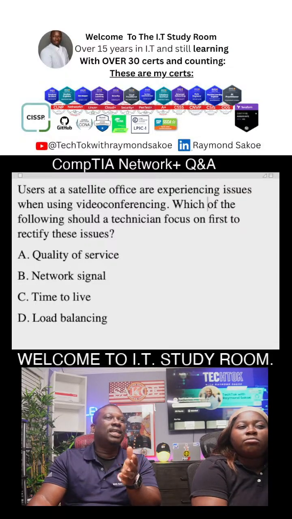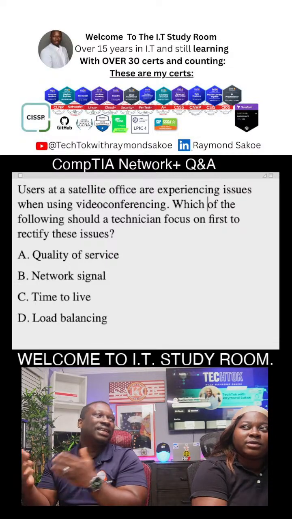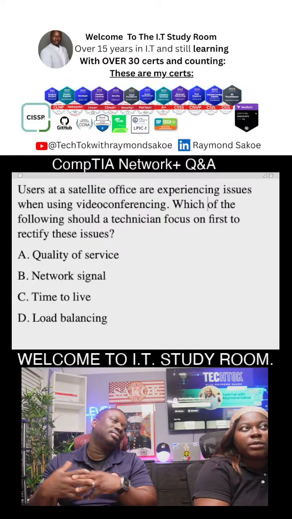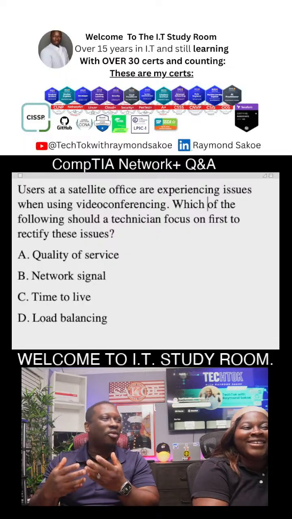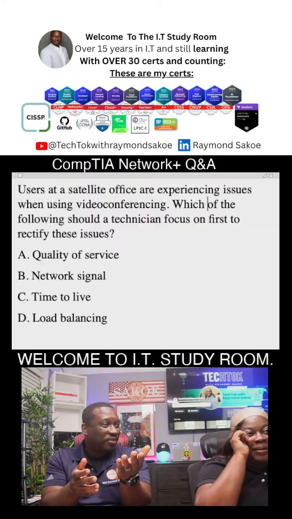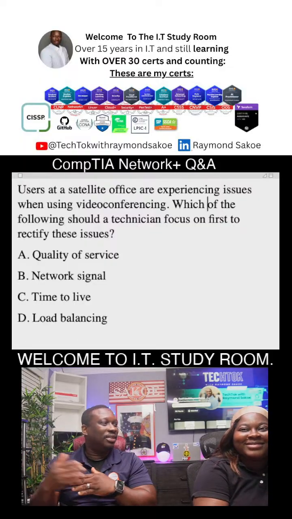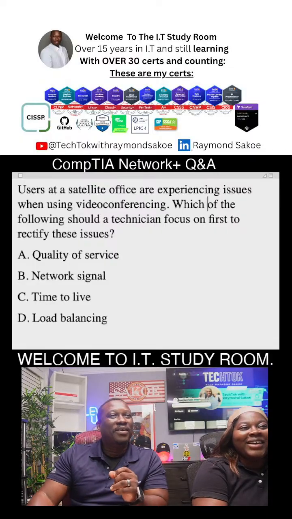So anything real time is considered sensitive. If you are downloading a file and it takes 30 minutes, it might be a little annoying, but that is fine. However, if you're making a call and it's lagging, it's annoying. Or a video conference, in the middle of firing someone. Anyways.